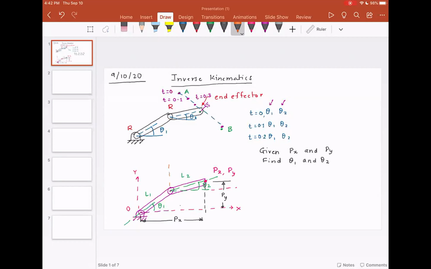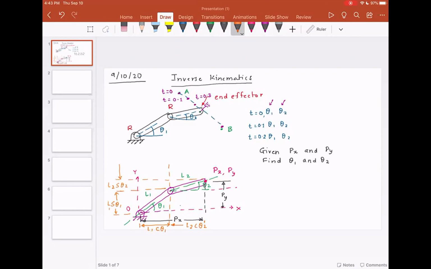First and foremost, let me draw horizontal and vertical lines. This distance is L1 cosine theta 1. This distance is L2 cosine theta 2. This distance is L1 sine theta 1. And this distance is L2 sine theta 2.